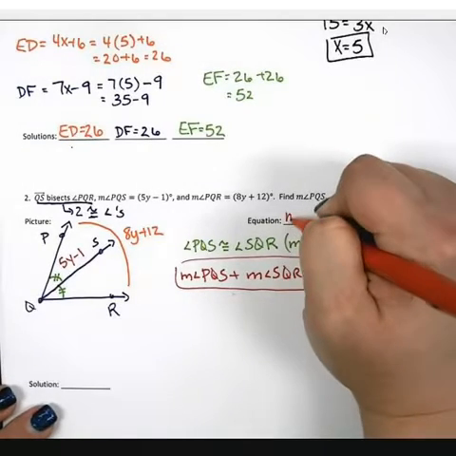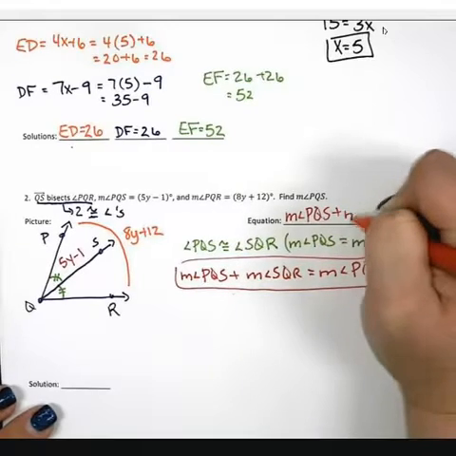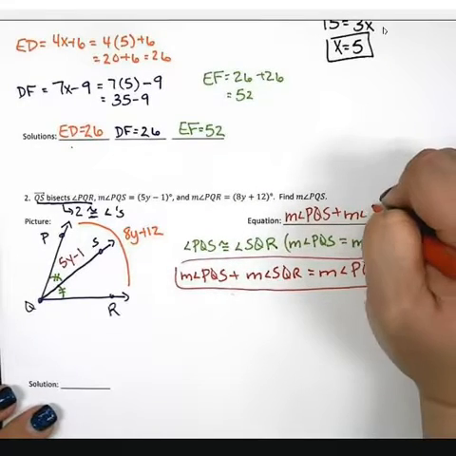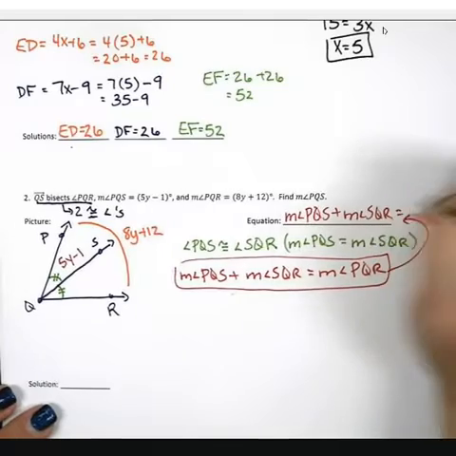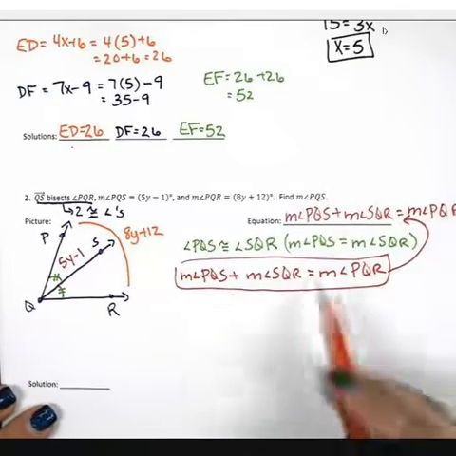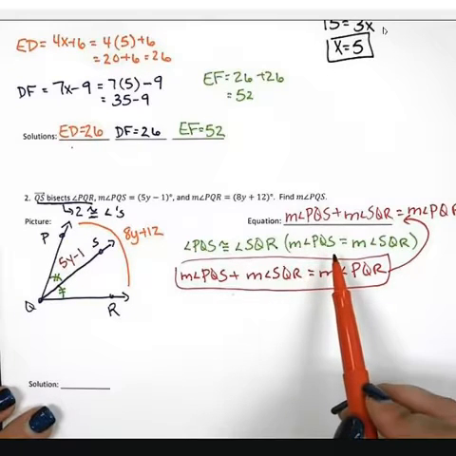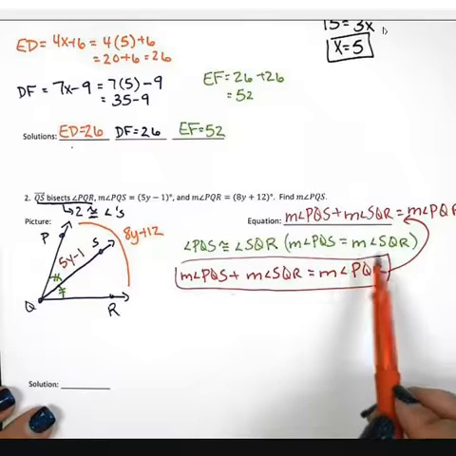So we can write it up there again, the measure of angle PQS plus the measure of angle SQR has to equal the measure of angle PQR. But don't worry, we didn't write this for nothing. All right, the measure of angle PQS has to equal the measure of angle SQR.